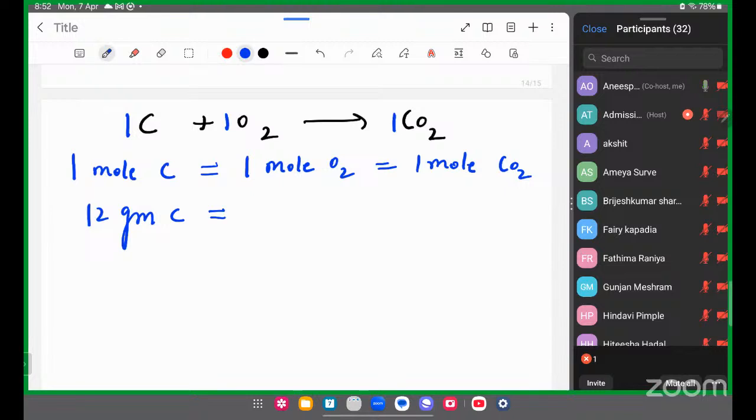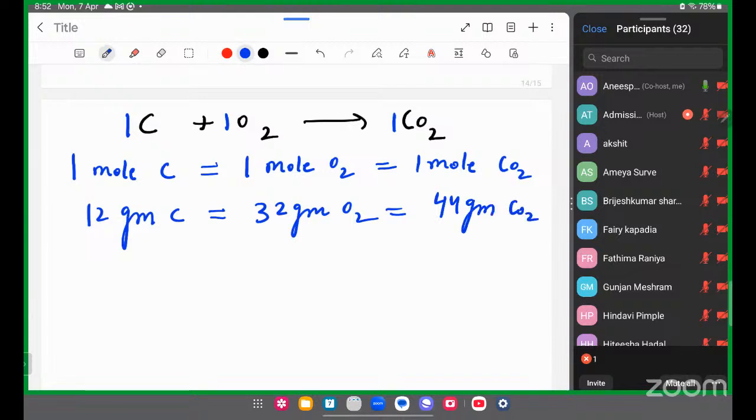This will be 32 gram, right? Atomic mass of oxygen is 16, and we have 2 O atoms. So this will be 32 gram oxygen, and 1 mole CO2 will have 44 gram CO2.